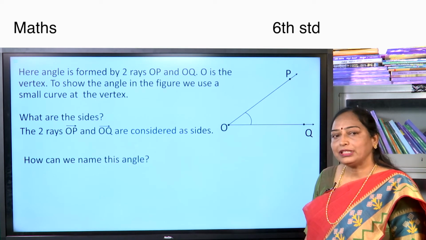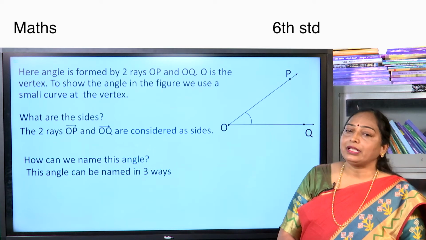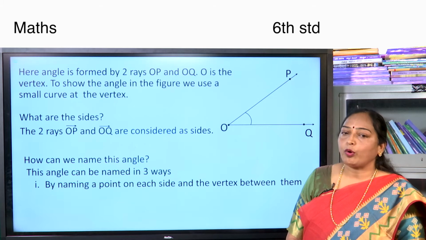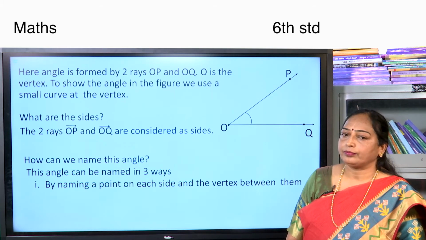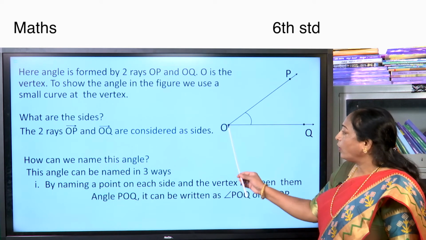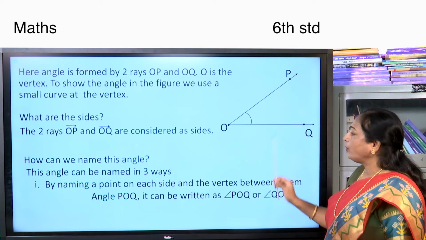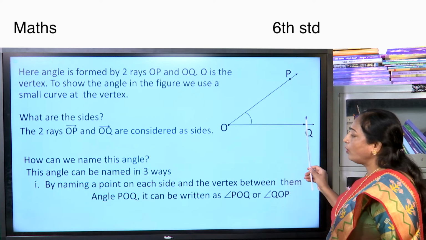How can we name this angle? This angle can be named in three ways. The first is by naming a point on each side and the vertex between them. Here, the vertex O comes in between the points P and Q. Therefore, it is angle POQ.